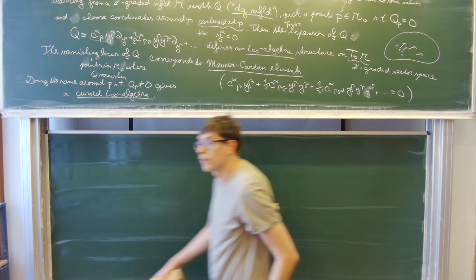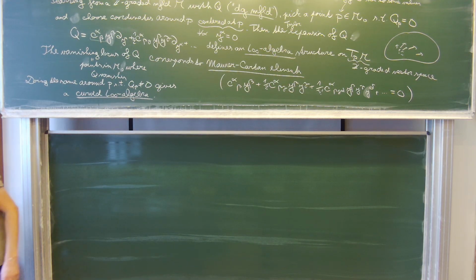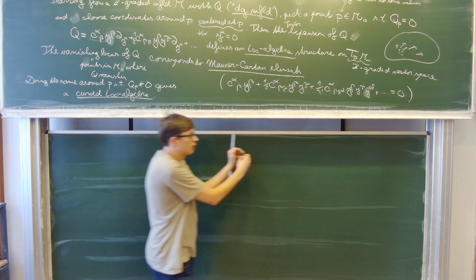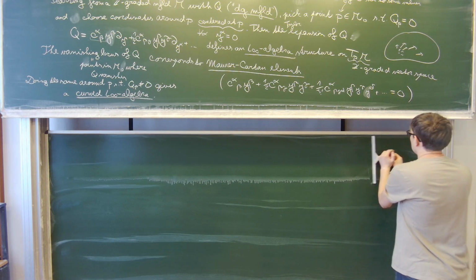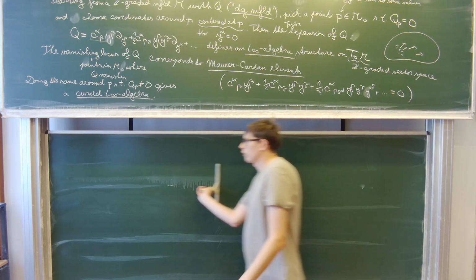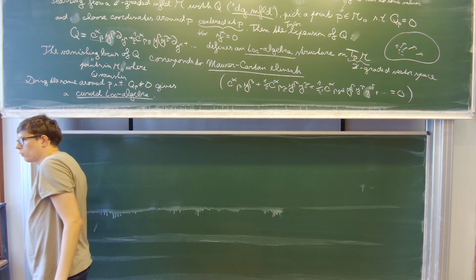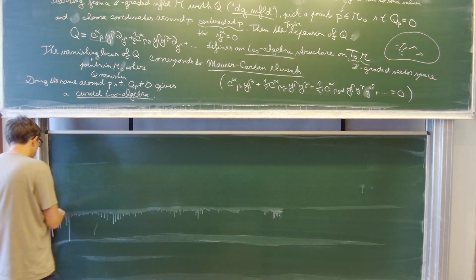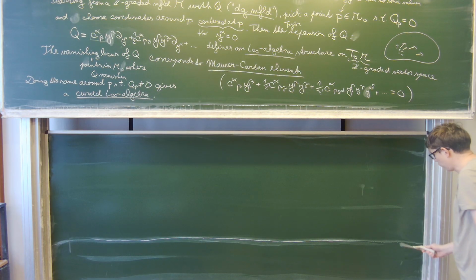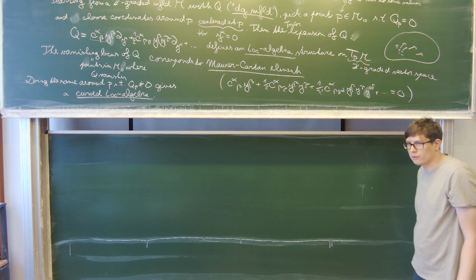Can I have a stupid question? Yeah. So if you do this for non-graded manifolds, regular manifolds, you can still do the expansion of the field? Yes, but it needs to be a vector field of degree 1. Q is of degree 1. So if you do it in a normal manifold, then that vector field has to be 0.